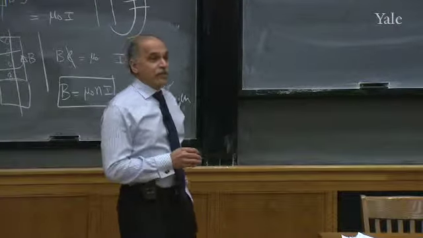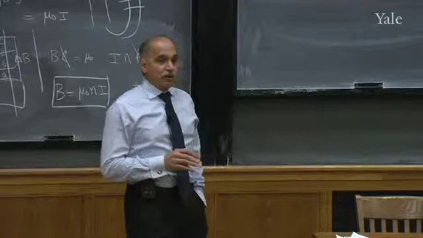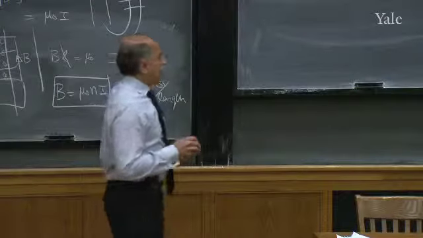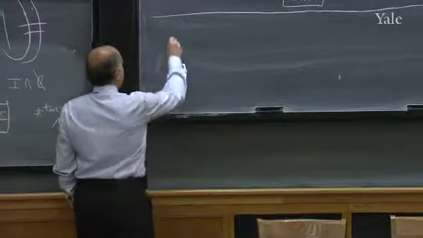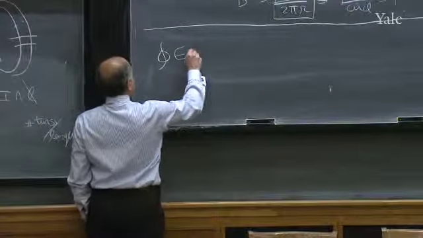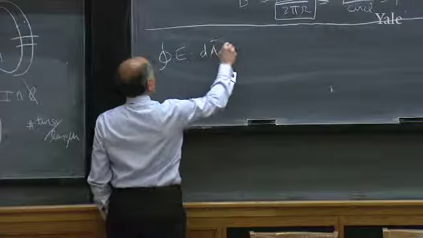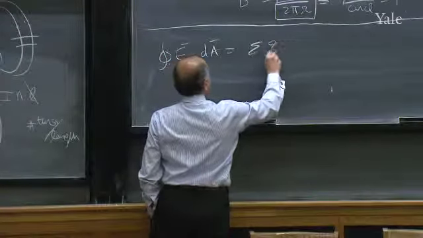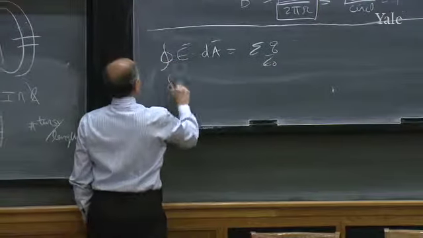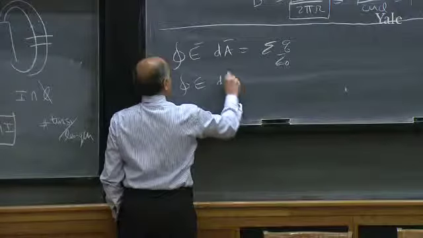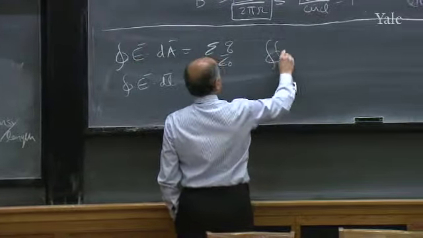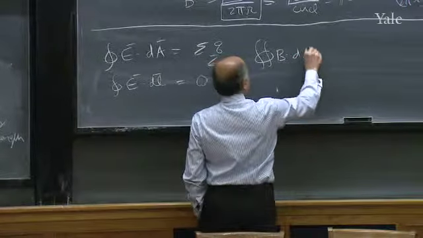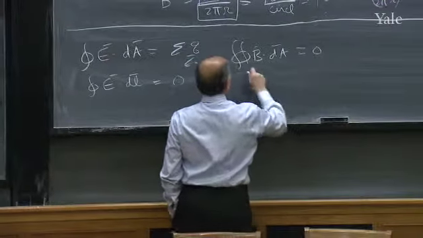But I'll tell you where things stand now. All of electrostatics and magnetostatics are summarized by the following equations. I'm going to write them again and again. The surface integral of E dot dA is the charge inside. The line integral of E dot dl, or dr, I forgot what I called it, that is 0. The surface integral of the magnetic field is 0 because there are no magnetic charges.